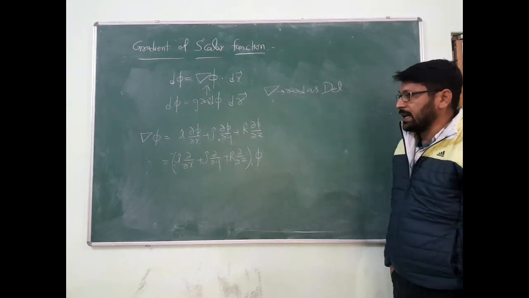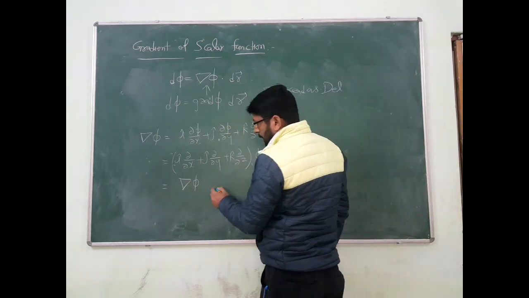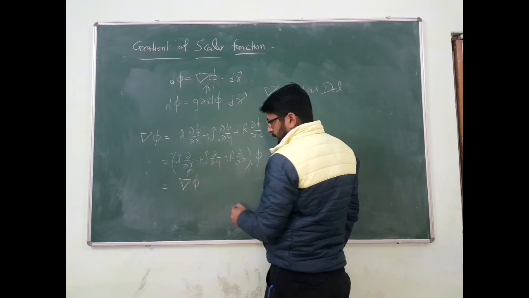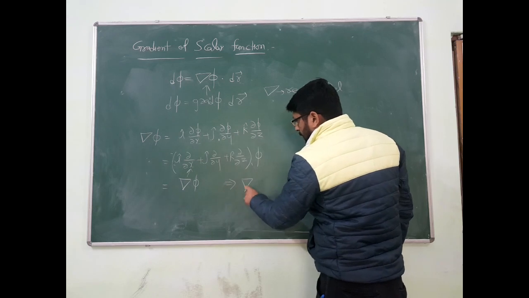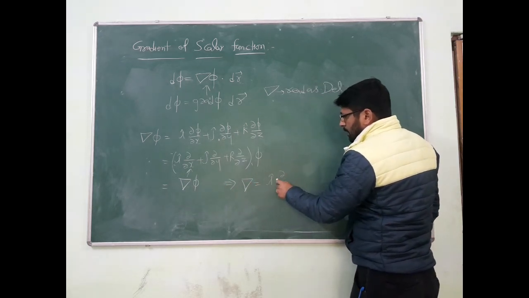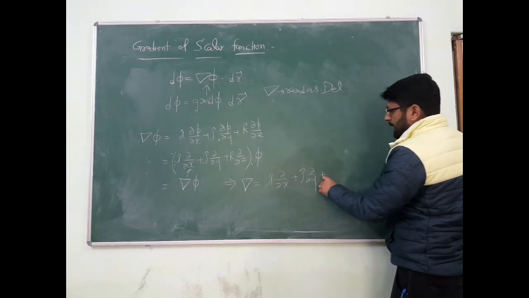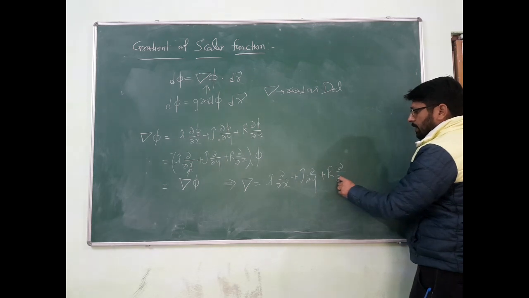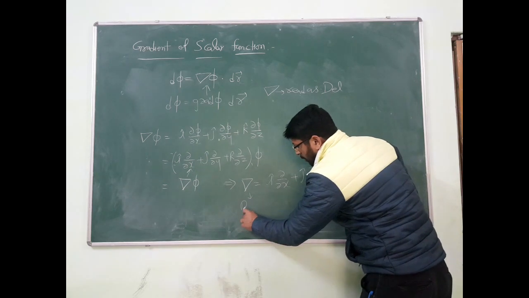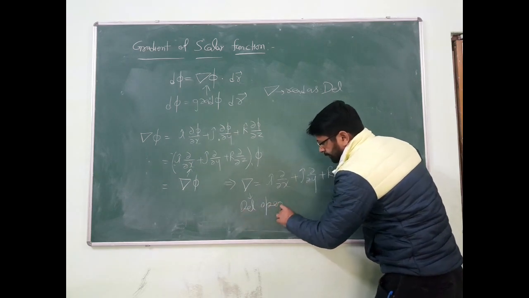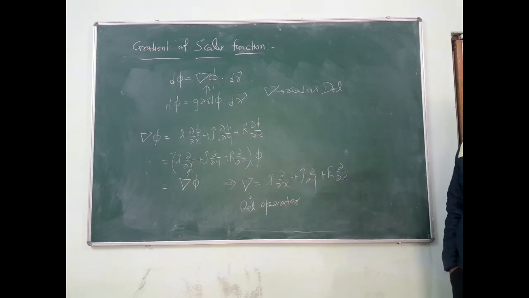So in that way this becomes del phi. We define this del as i cap curly over curly x, j cap curly over curly y, k cap curly over curly z, and this is also known as the del operator.